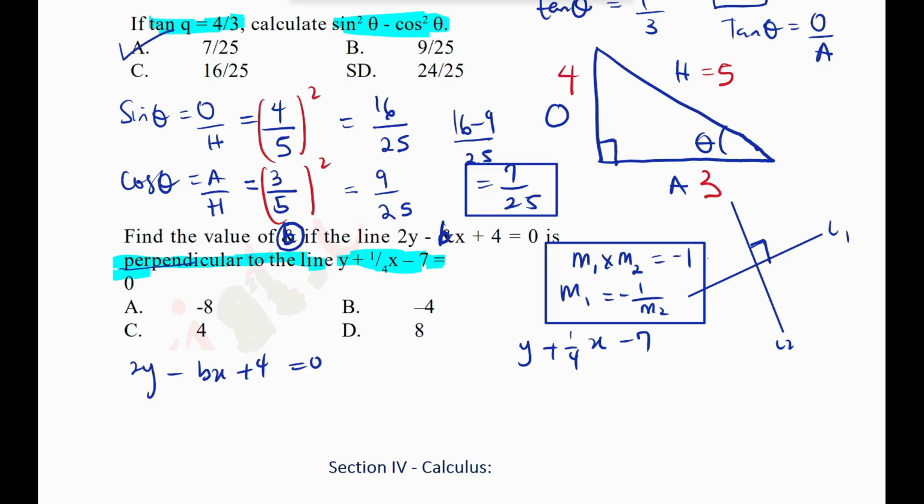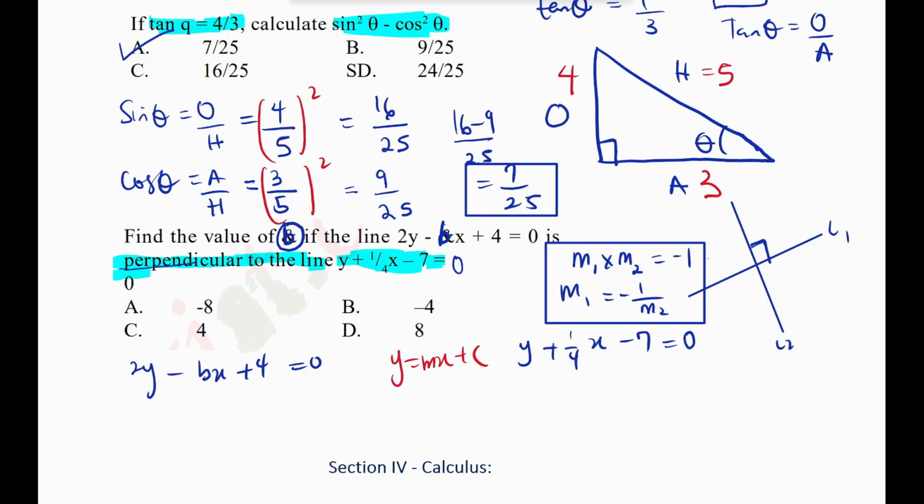So that being said, what do we have to do now to find that value? We need to rearrange these two equations in the general form of an equation, which is y equals mx plus c.